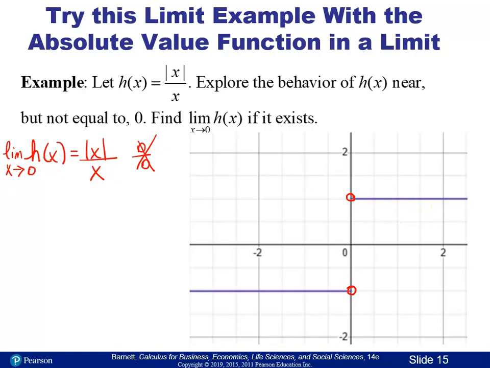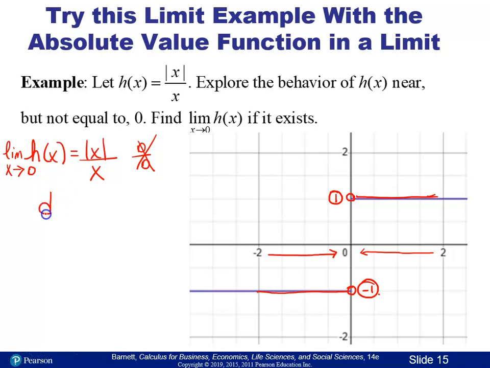So if I'm looking at the limit as we approach 0 from the right side, that's over here coming in towards 0, then this function, following the graph, is getting closer and closer to positive 1. But if I approach 0 from the left side, then I'm down here and it's actually at -1. So if I approach from one side, it's at 1. If I approach from the other side, it's at -1.